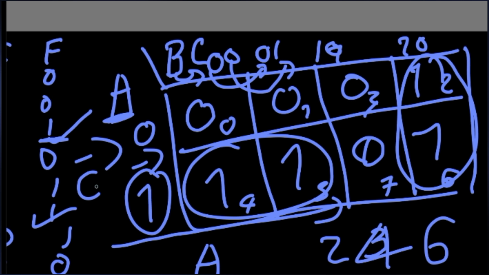If there is a change, don't put it. If there is no change, put it. But B hasn't changed, so put B. But as B is 0, we put B complemented. If B was 1 and stayed 1, then it would just be B. But as it stayed 0, it becomes B complement.